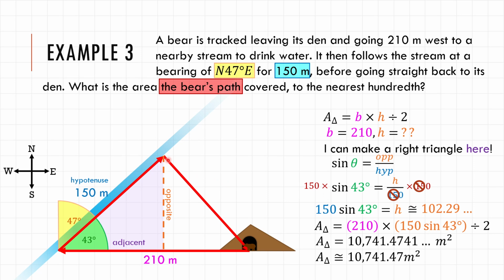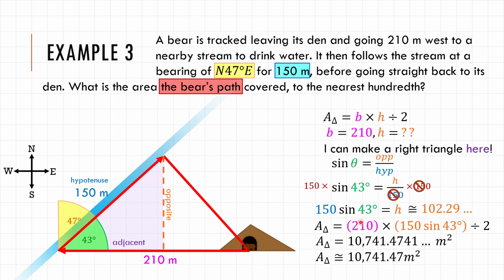The important thing to note here is that if we are looking for the height of a triangle, even if that triangle is not a right triangle, we can take one of the sides, for example, we took this one 150, and multiply it by sine of the angle that is between that side and what would be the base of the triangle.